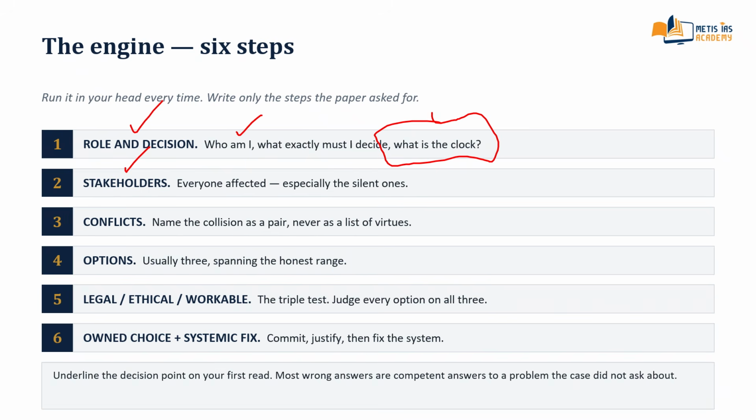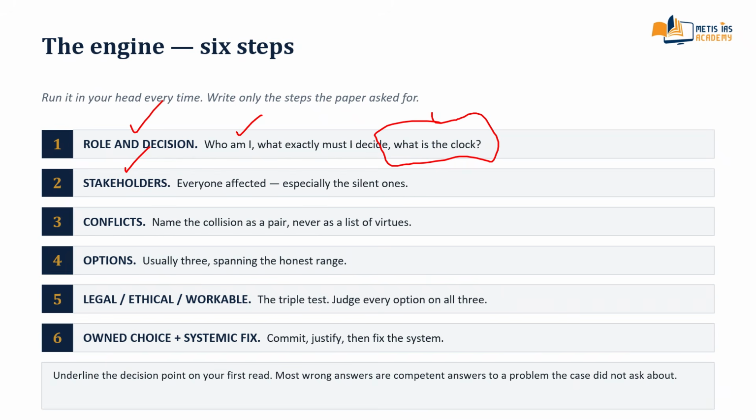And one stakeholder candidates routinely forget: the accused. Even a person who appears plainly corrupt is entitled to inquiry rather than trial by leaked video.